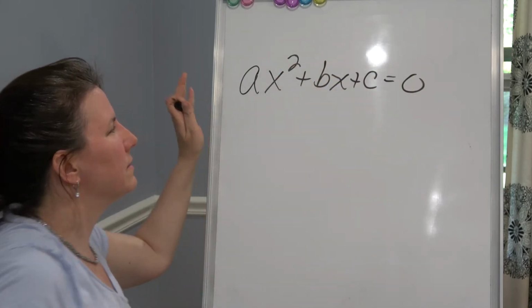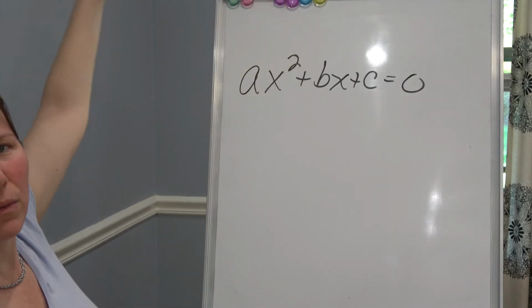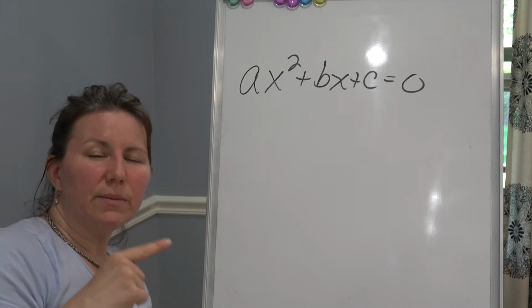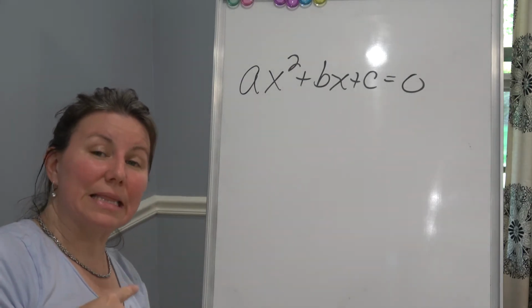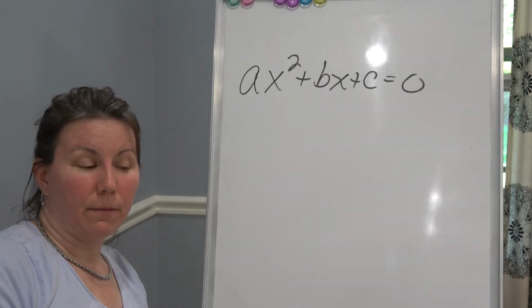So notice, we used to solve equations like this without a squared. Now we're throwing in that ax squared term. If we're going to be successful at solving equations like this, we need to know how to factor. Okay?